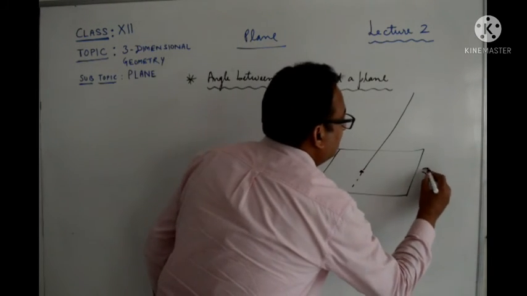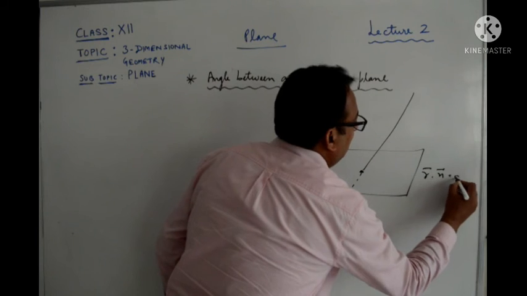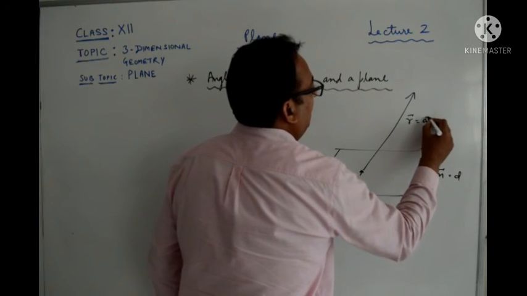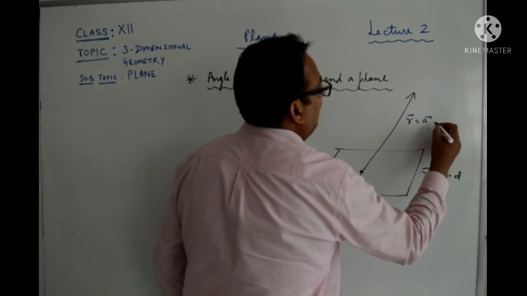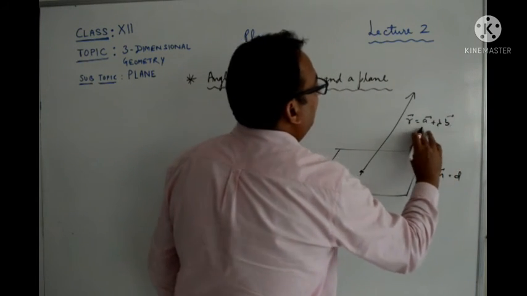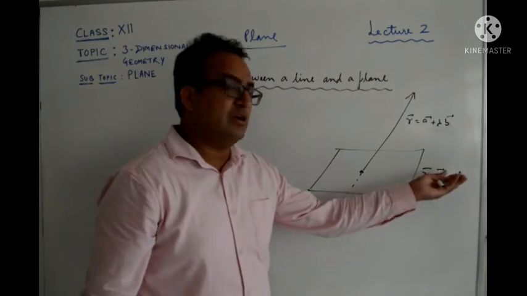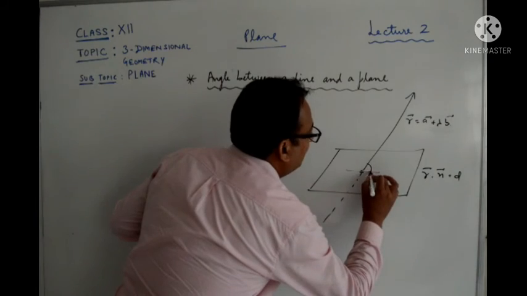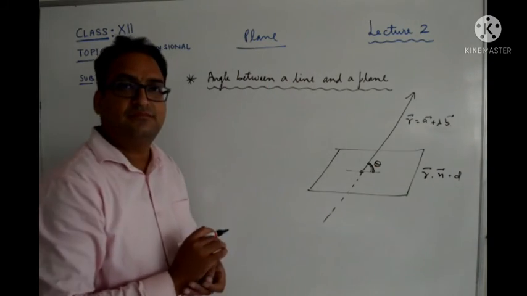Let the equation of the plane be r dot n is equal to d, and let the equation of the line be r is equal to a plus lambda b. a plus lambda b is the vector equation of the line, r dot n equal to d is the vector equation of the plane, and we are interested in this angle theta.